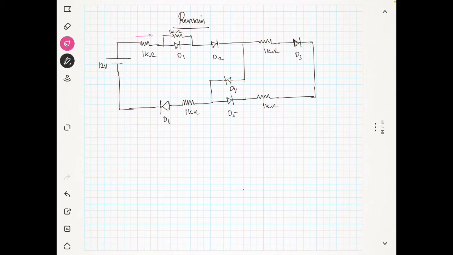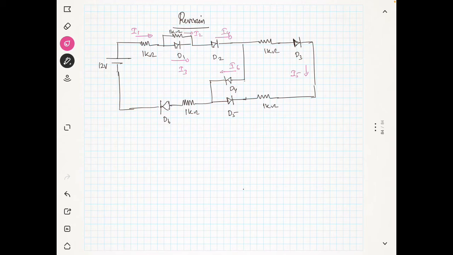This is I1, this current is I2, this is I3, this is I4, this is I5, and this is I6.